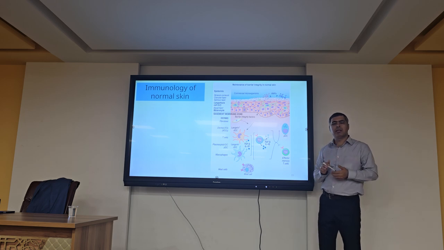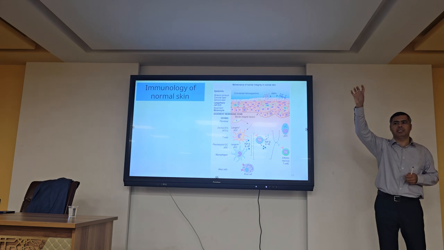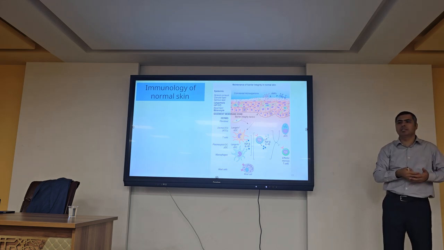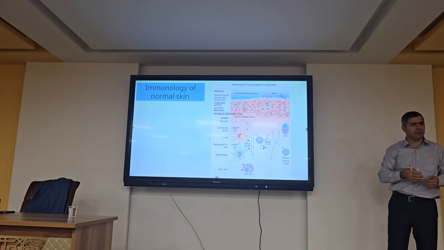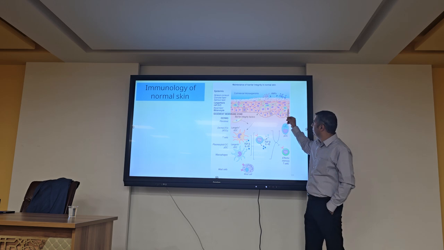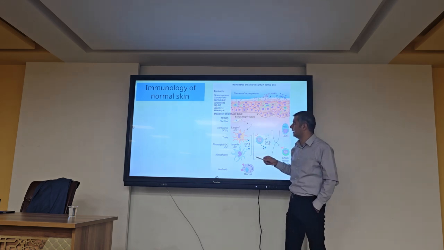It's the normal route of immune response: taking the antigen by dendritic cells to the nearby lymph node, presenting the antigen to the T cells, and activating the T cells. So we have intraepithelial dendritic cells, which are called Langerhans cells.